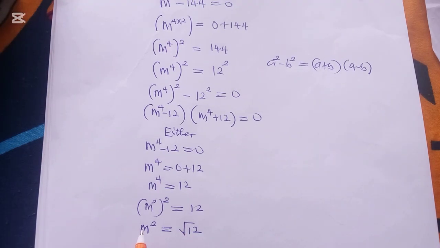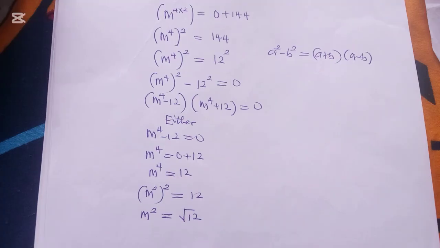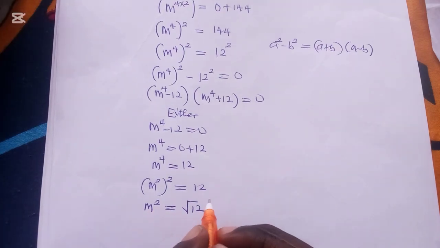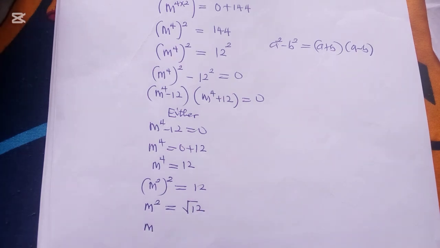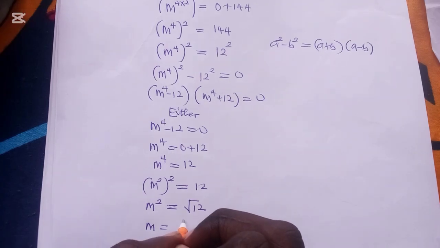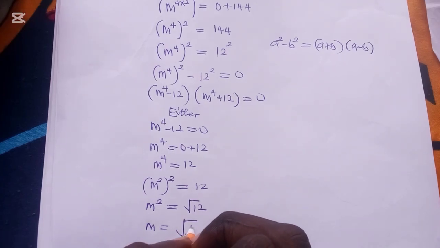Since you are not asked to find m squared, the question says we have to find the value of m, you can take the square root again. Then m becomes another square root of 12.